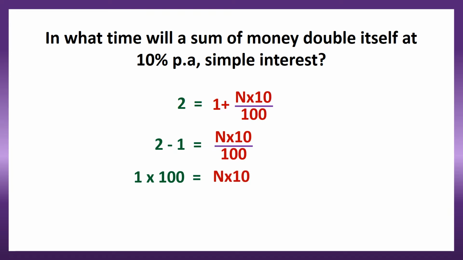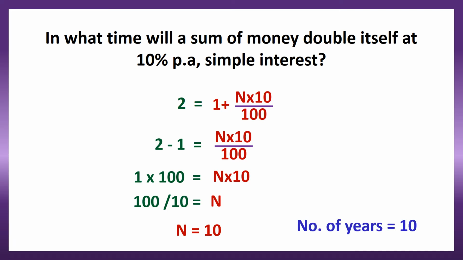And 10 can be taken to the left hand side. 100 divided by 10 is equal to N. Therefore, N is equal to 10. The number of years is 10. In 10 years, a sum of money will double itself when simple interest at 10% per annum is calculated.